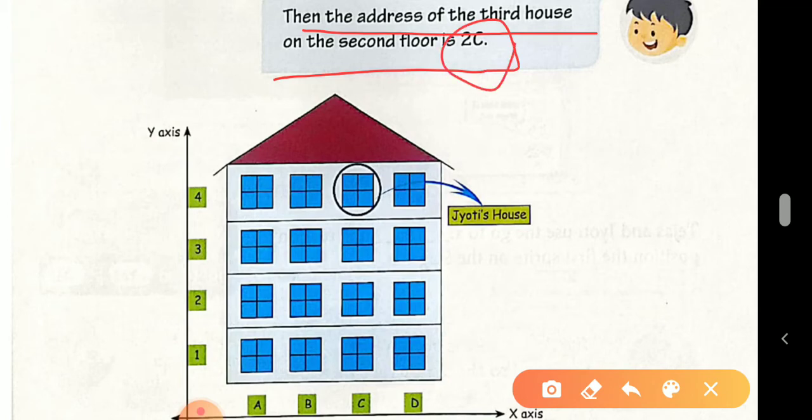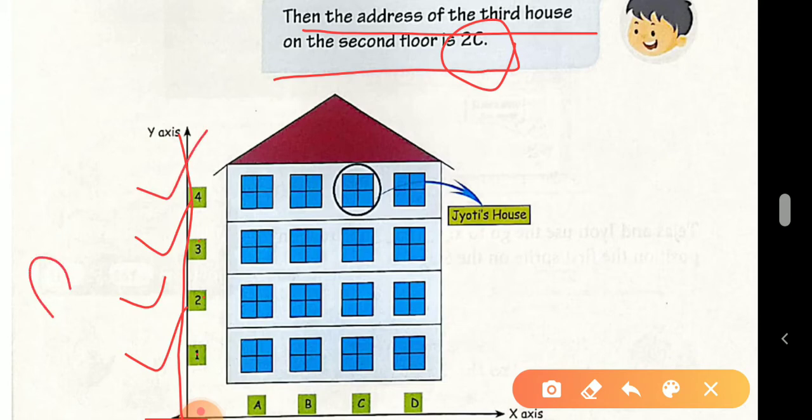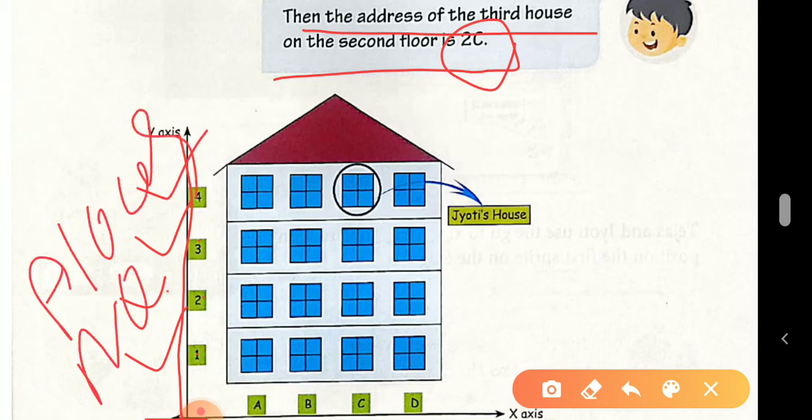Here you can see the y-axis value is the floor number, and the x-axis value is the house name.